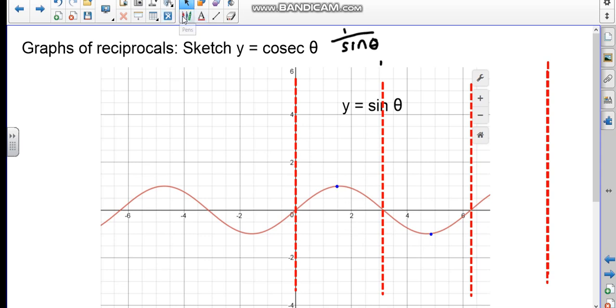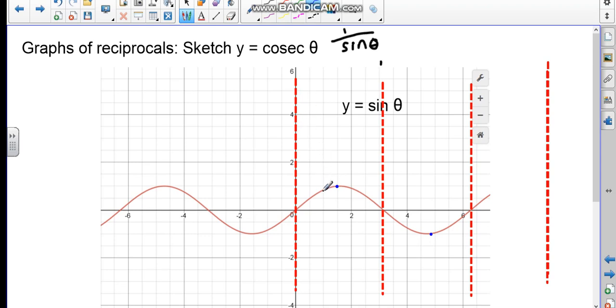So let's get a pen. What we've got here is some small values that are getting bigger. When I do 1 divided by a small value, I get a very large answer. As these values increase, these values are going to decrease.